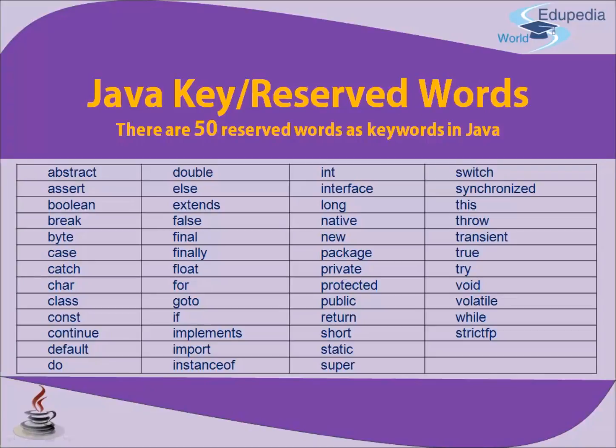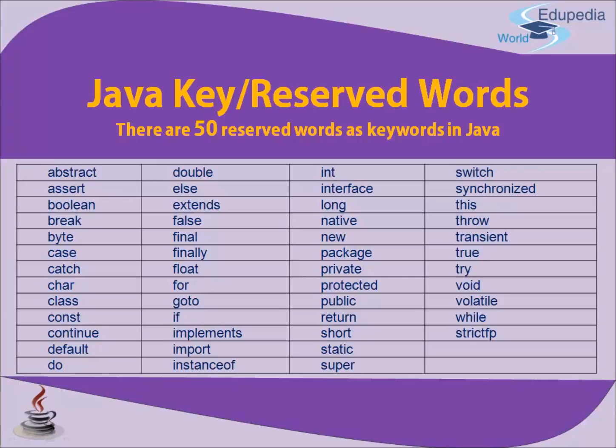Now here are the 50 reserved words or keywords which Java provides. If I call them out one by one, you will be amazed that these 50 words are very important while programming in Java.